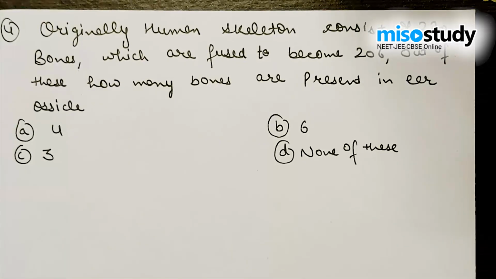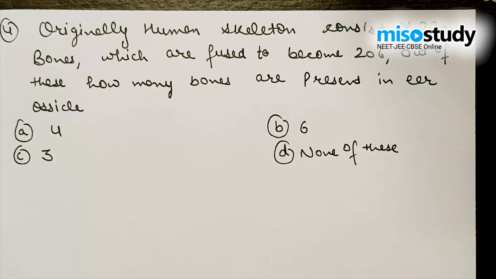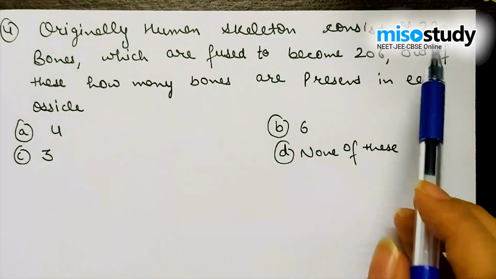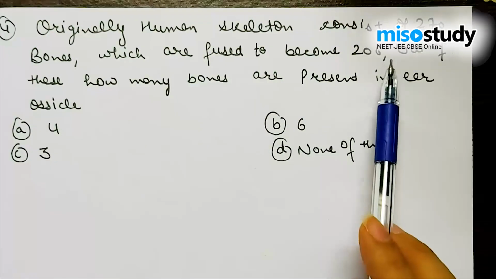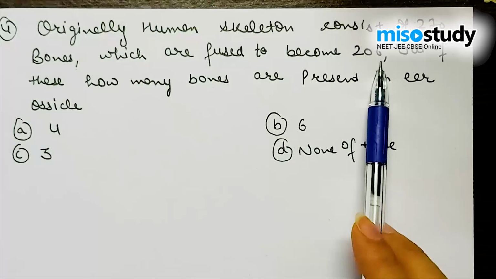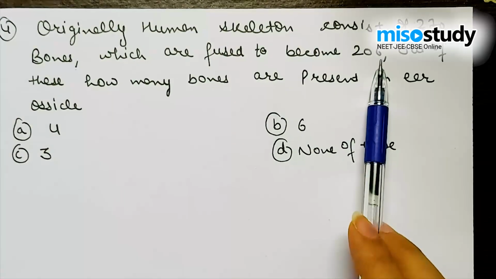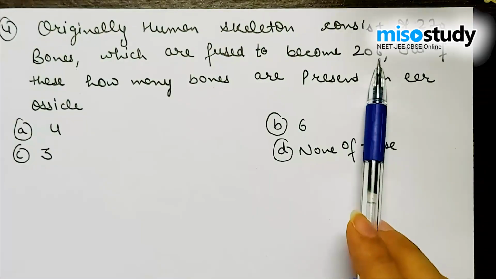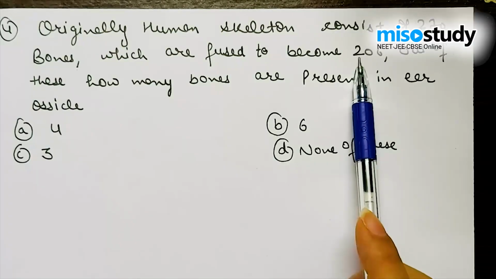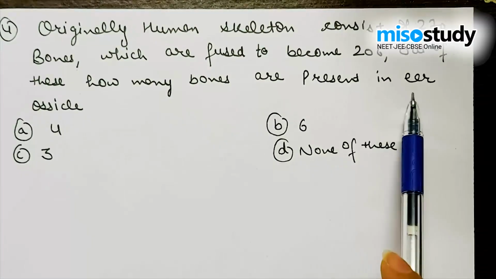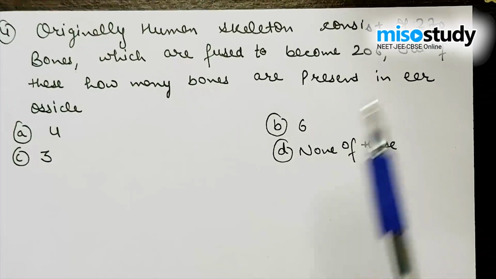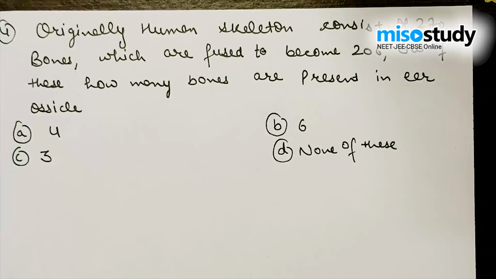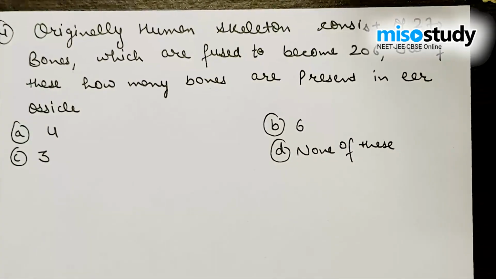In the question, the human skeleton altogether consists of 270 bones, but after some fusions, when a human moves from the infant to the adult stage, it becomes 206 bones. Then how many bones are present in the ear ossicles? The options are: A 4, B 6, C 3, and D none of these.